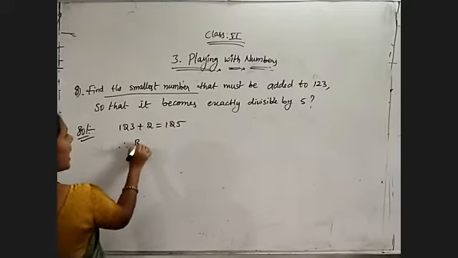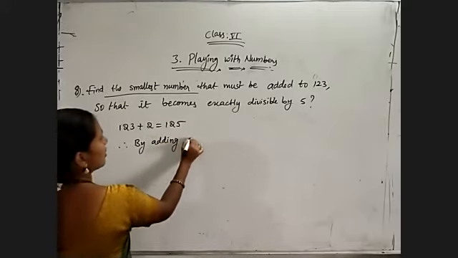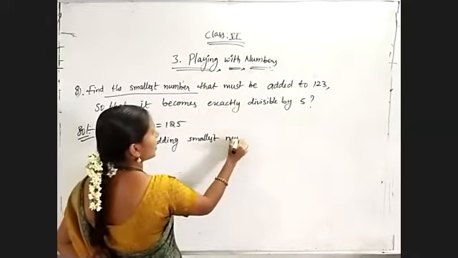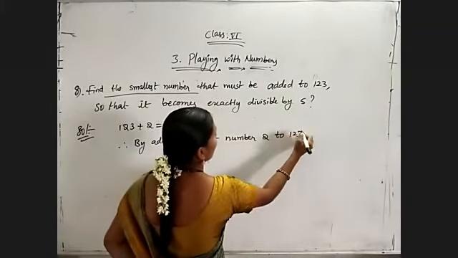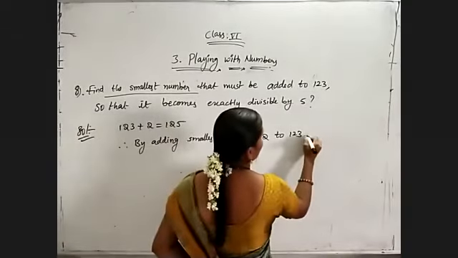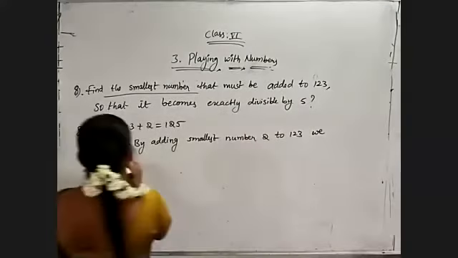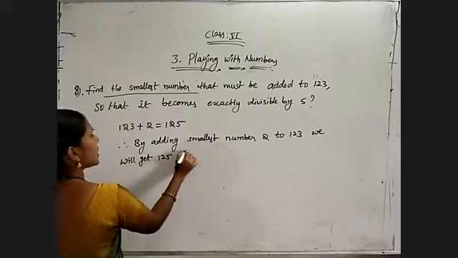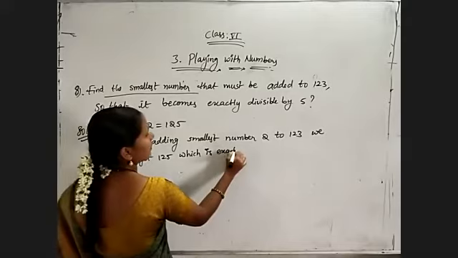Therefore, by adding the smallest number to 123, we will get 125, which is exactly divisible by 5.